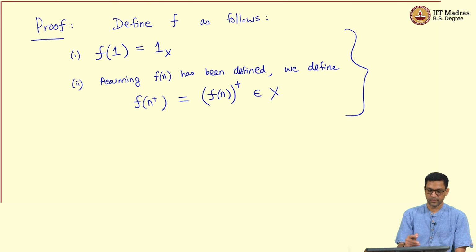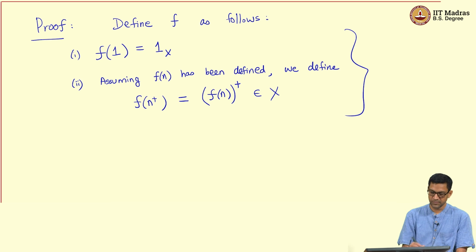So, here the property we are looking at is whether f is defined for a natural number. So, f is defined for 1, that is true, and if assuming f is defined for n, we have said how to define it for n plus. Therefore, by the principle of mathematical induction, this definition defines f uniquely on every natural number.